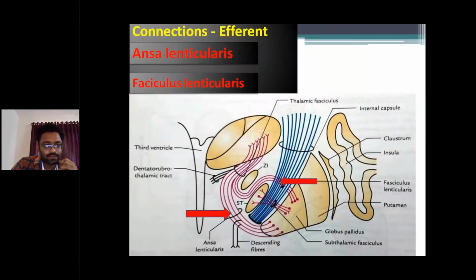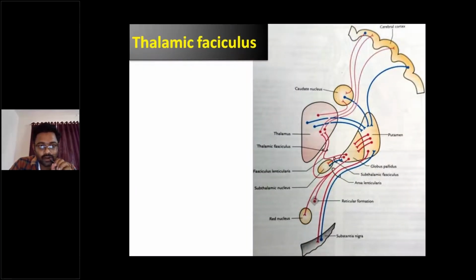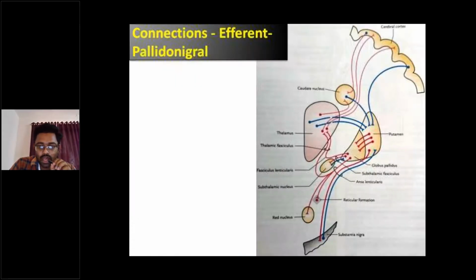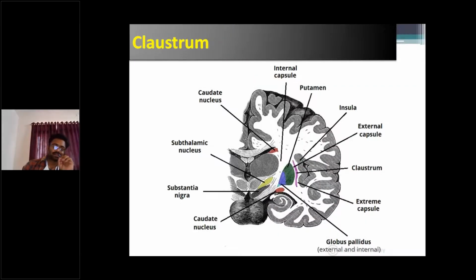Efferent connections are ansa lenticularis, fasciculus lenticularis, and unite with dentato-rubro-thalamic tract to form the thalamic fasciculus, subthalamic fasciculus, and pallidonigral fibers, right?